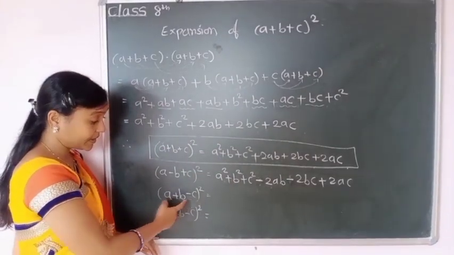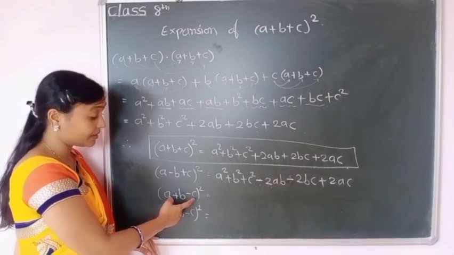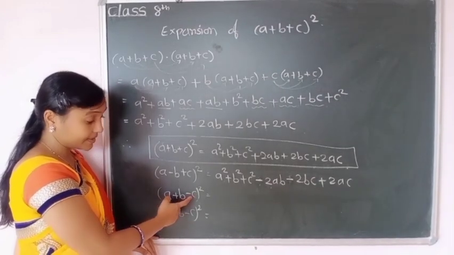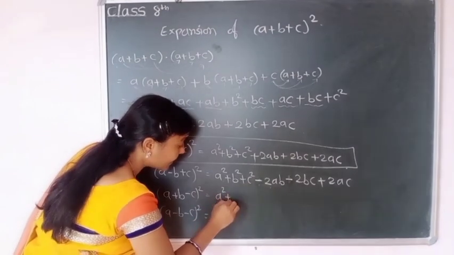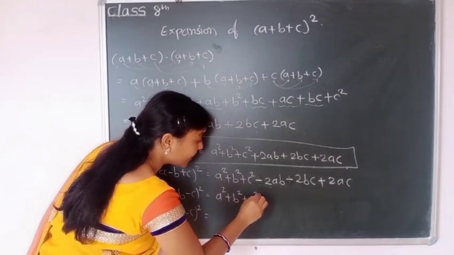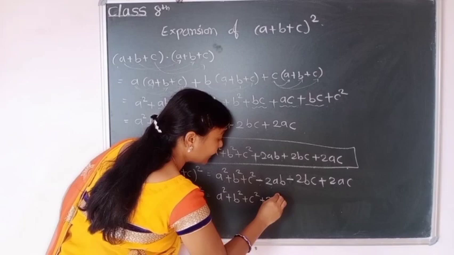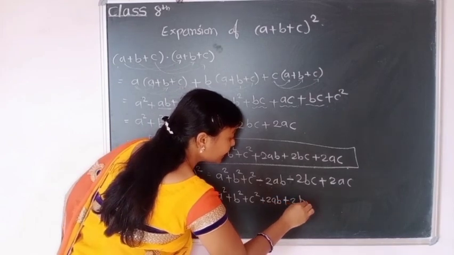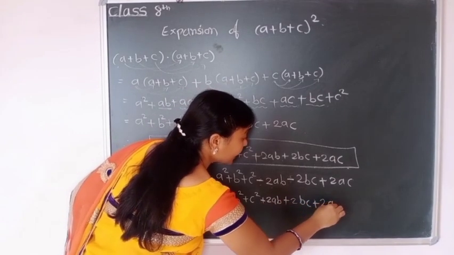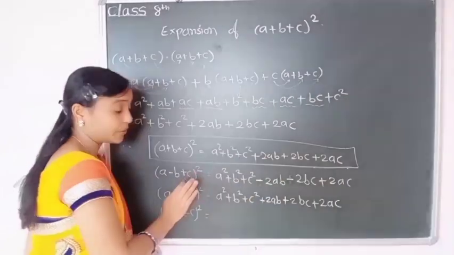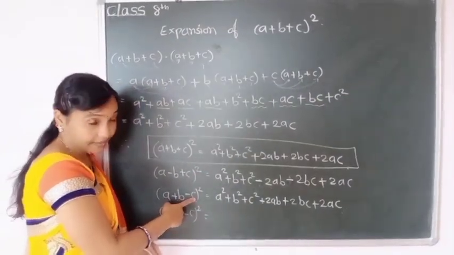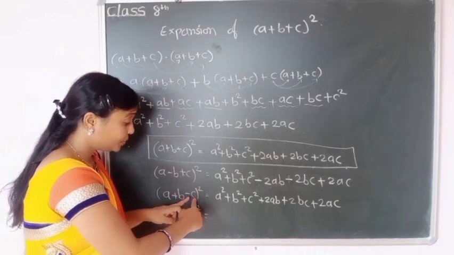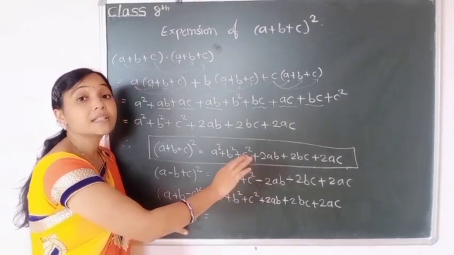Again we want to make the formula (a + b - c) whole square. Then a square plus b square plus c square plus 2ab plus 2bc plus 2ac. First you write down our formula and then you observe where the minus sign is on the c. Then you put the minus sign wherever there is c.